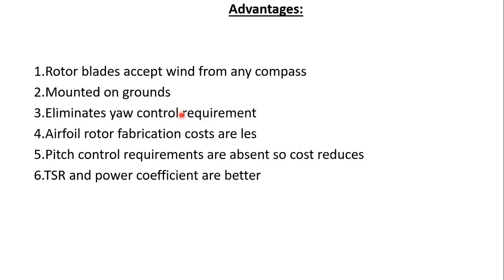This yaw control is needed where we have to track the wind's energy and wind speed, and adjust the whole equipment with the attainable wind speed. So this is called yaw control. As this works on vertical axis symmetry, it eliminates this yaw control requirement.